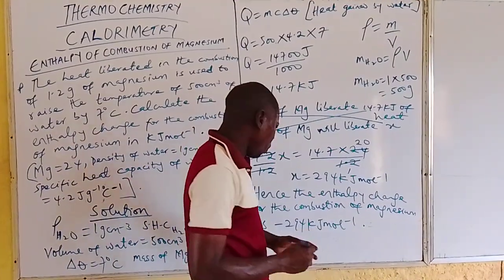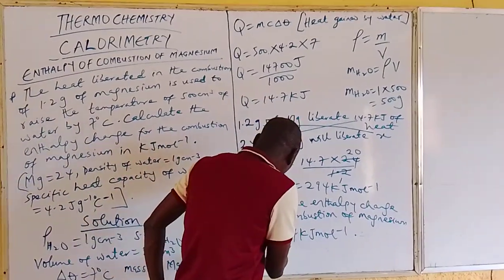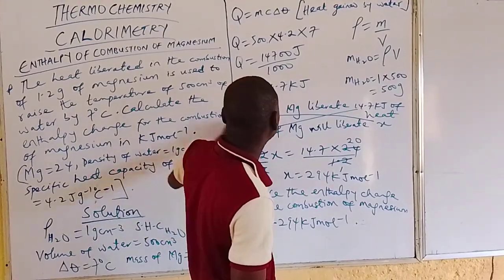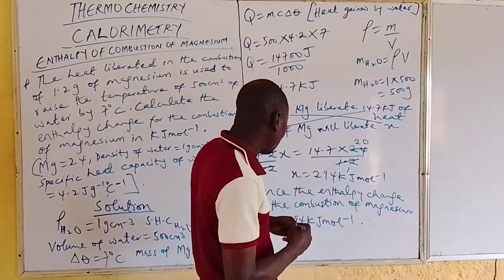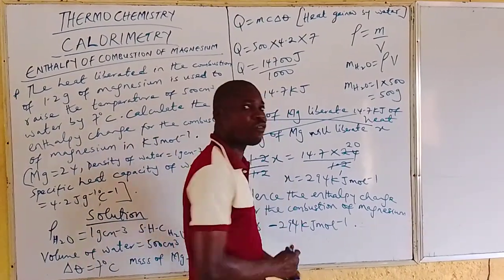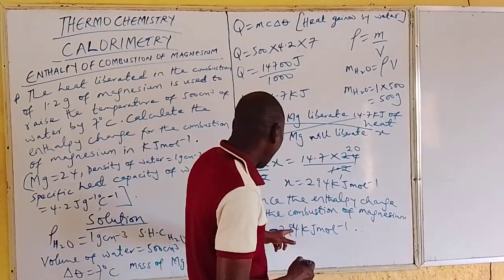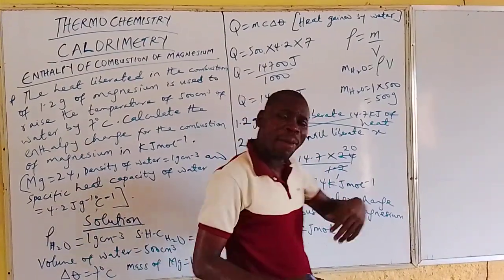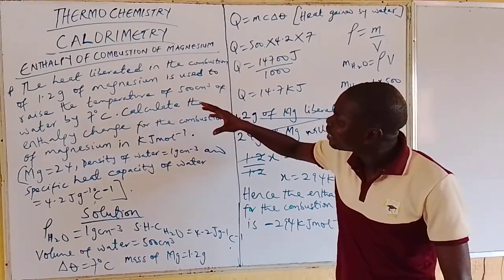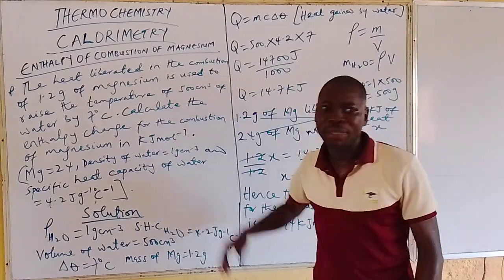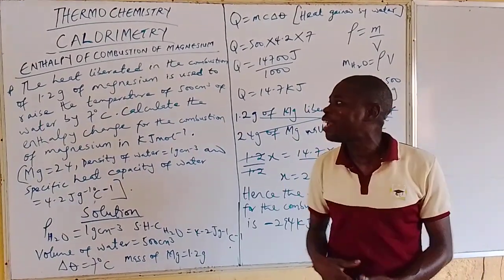Now, someone can ask me a question: why are we putting minus? Because in our calculation there is no minus. Yes, that is a very good question, a 1 million question begging for answers. So why are we putting negative? You remember vividly that it is exothermic because it is liberated to the environment.